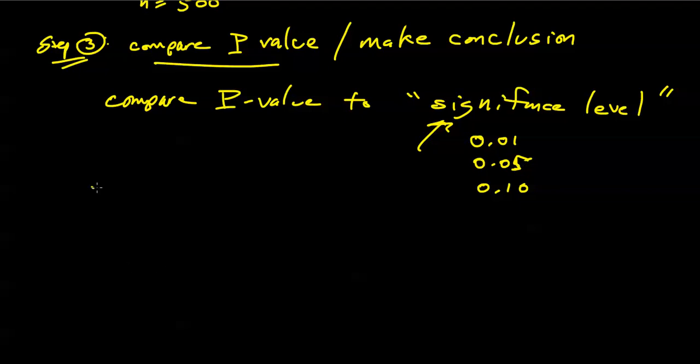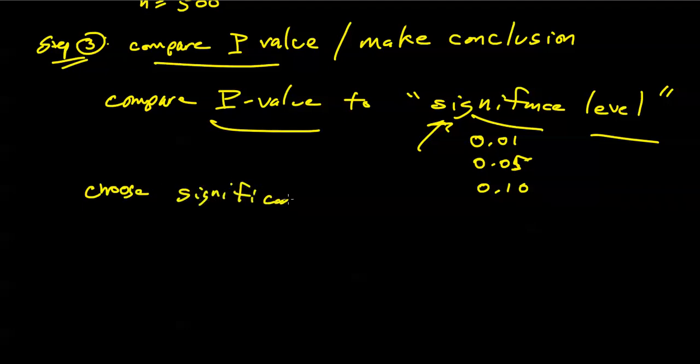Well, let's see. We compare the p-value to the significance level. In this problem, I've deleted the screen with all the given data, so let's choose a significance level of 0.05. I think that's the most common one the book uses, kind of a moderate level of significance.